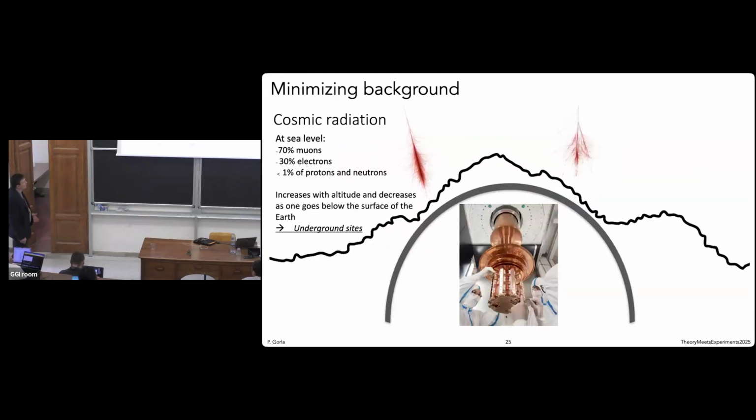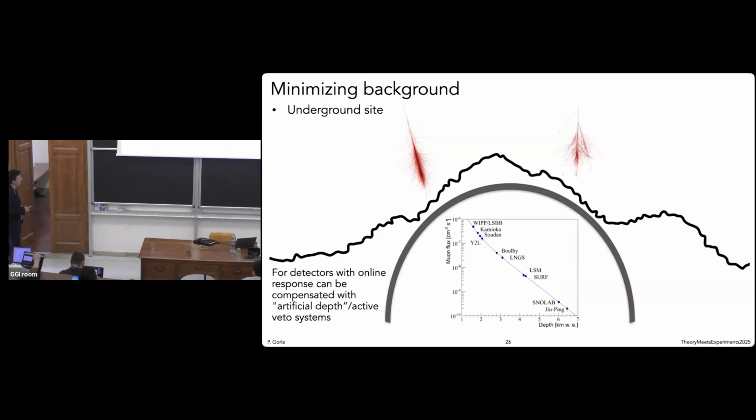This you heard. The first background you have to reject is cosmic rays. So you typically go to underground laboratories, and there are a number of underground laboratories around the world with different depths.